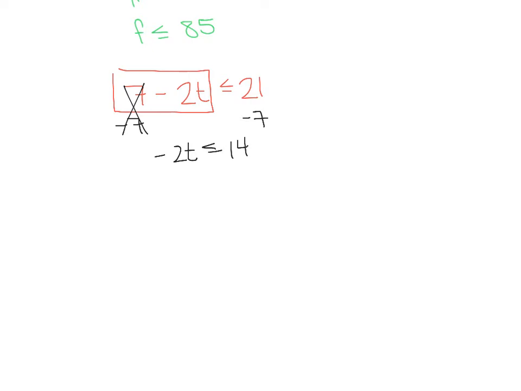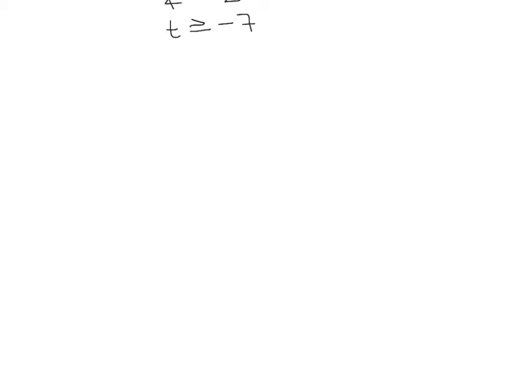Then I do the opposite, which is divide by negative 2. And remember, when we divide by a negative or multiply by a negative, our sign flips to the opposite, and we have t is greater than or equal to negative 7.